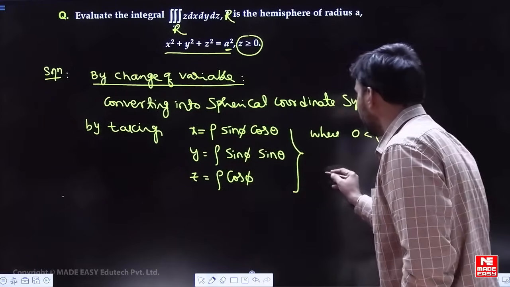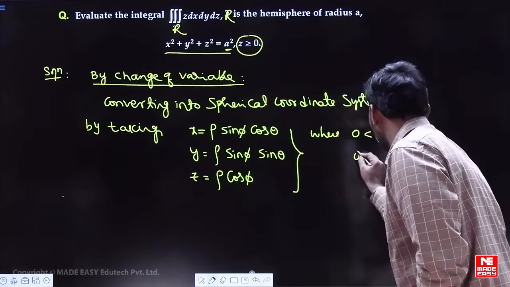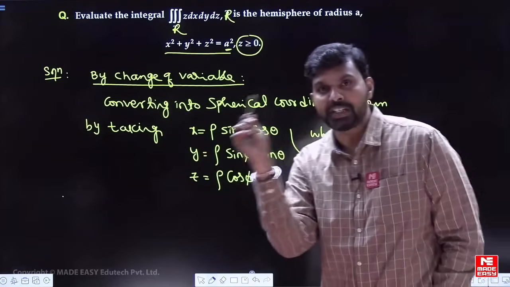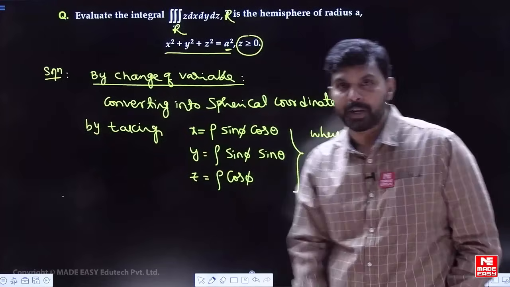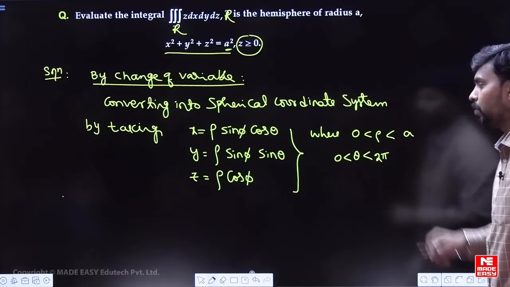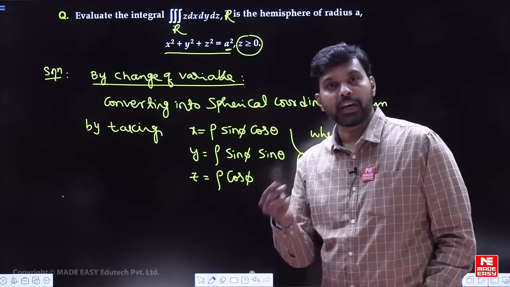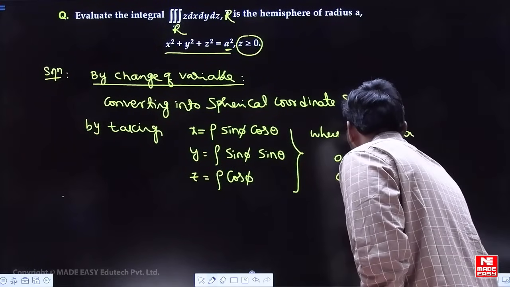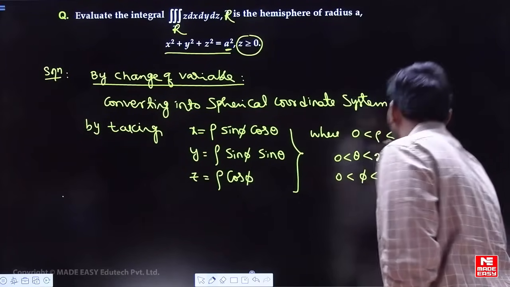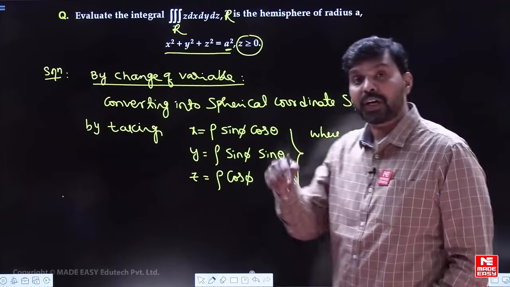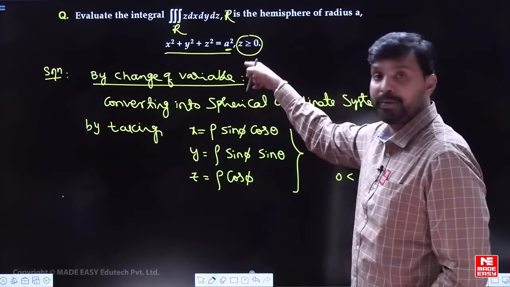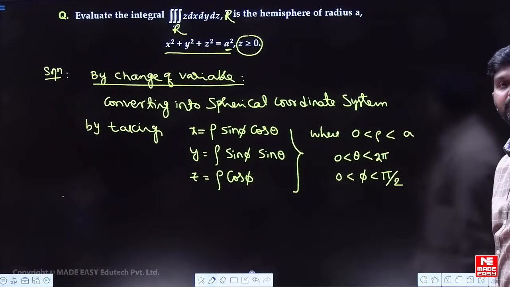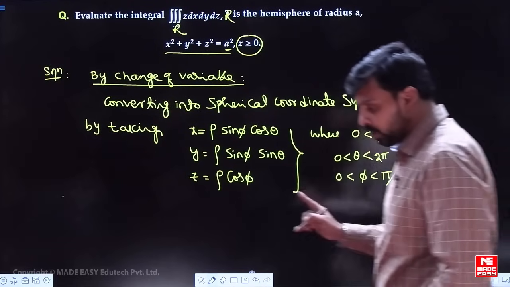Theta varies between 0 to 2 pi, because it forms a complete circle in the xy plane. And the phase angle phi is taken only as a semicircle, so 0 to pi. But this pi is for a sphere, and it is a hemisphere. Since it is a hemisphere, phi is taken up to pi by 2 only. So 0 to pi by 2 is the phase angle.